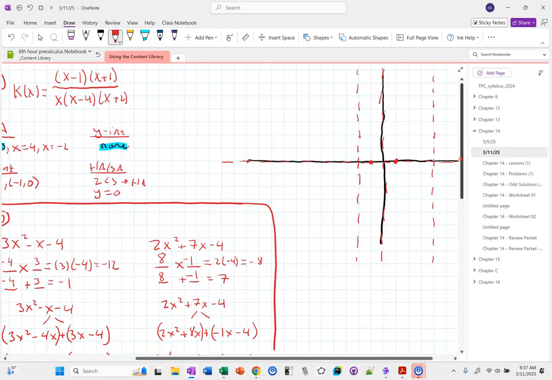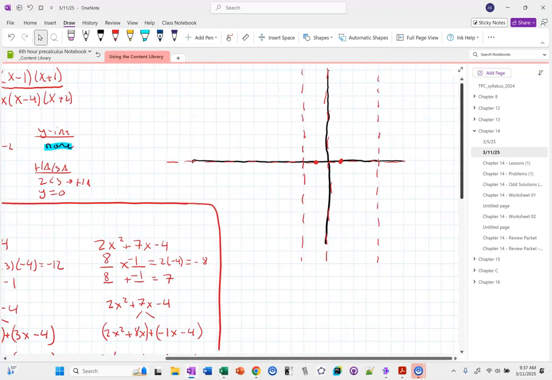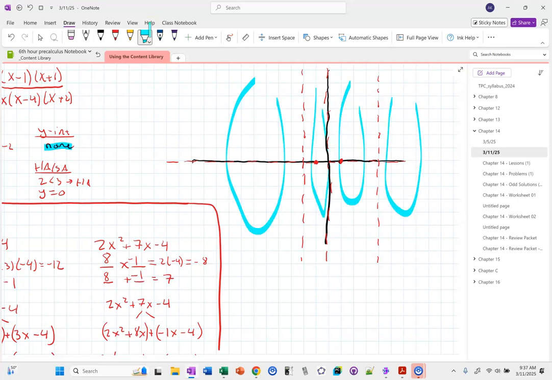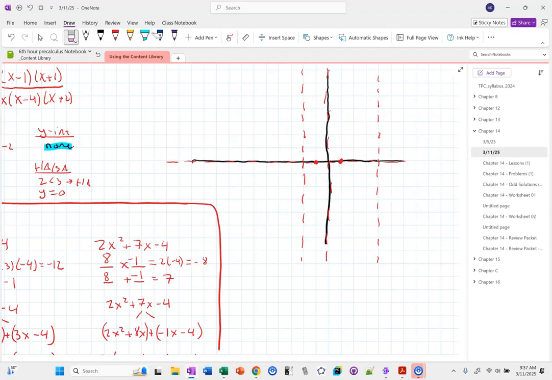This is a bummer, guys, because we have like 4 sections of graph that we have to fill in, right? Looking at the points, I can't tell which way it's going. So I'm going to need to look at at least a bunch of these end behaviors. So we'll just start on the left.